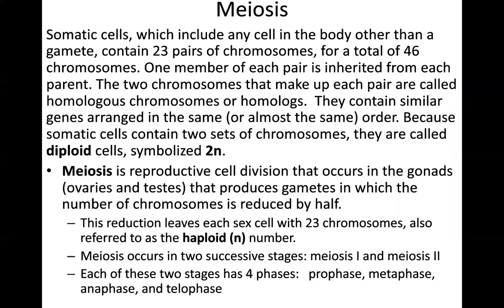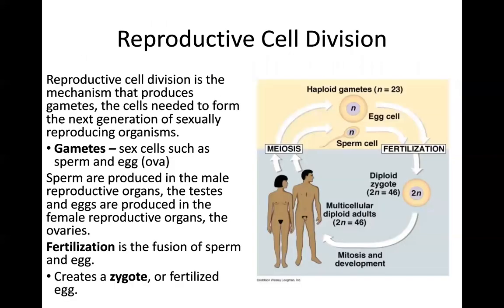Because somatic cells contain 2 sets of chromosomes, we call them diploid cells, symbolized with the abbreviation 2N, which tells you that there's 46 total chromosomes in those cells.